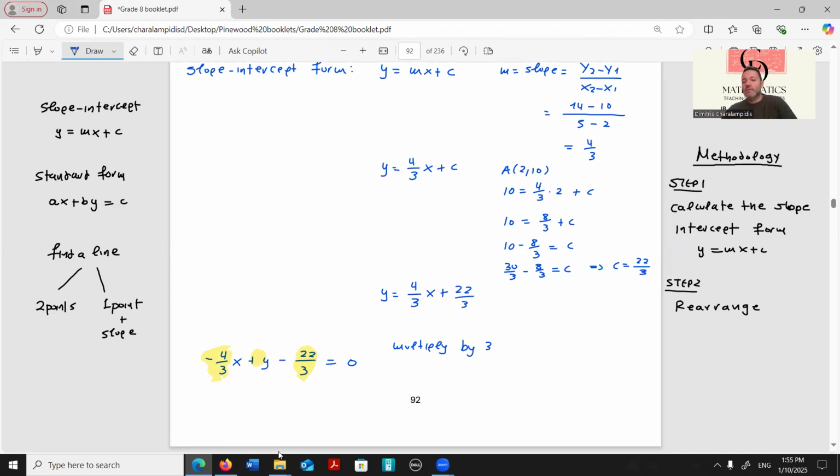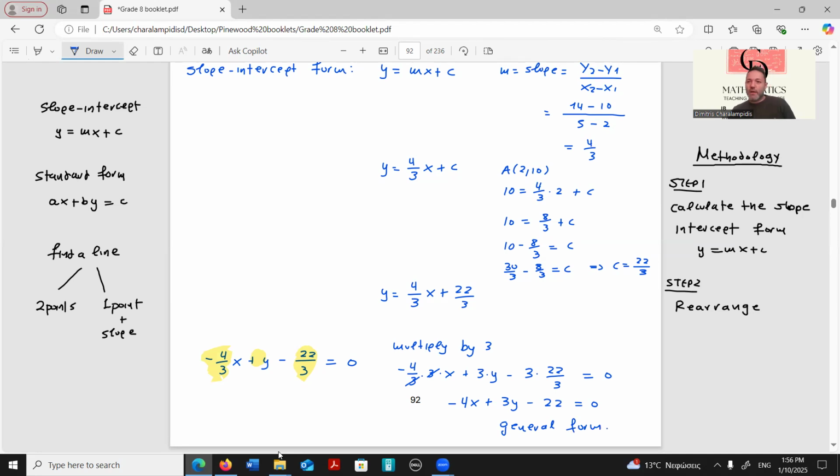The LCM is 3, so I multiply by 3. This means that I'm going to have minus 4/3 times 3 times x plus 3 times y minus 3 times 22/3 is 0. These are cancelled out. Minus 4x plus 3y minus 22 is 0. And this is the general form.